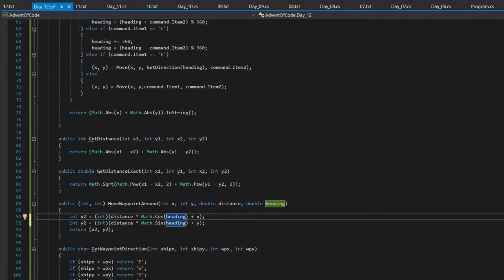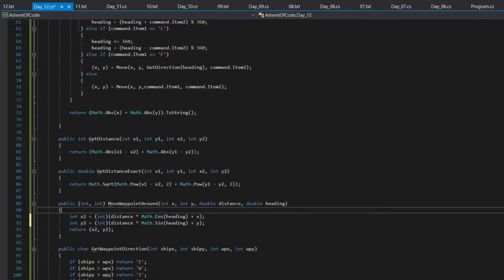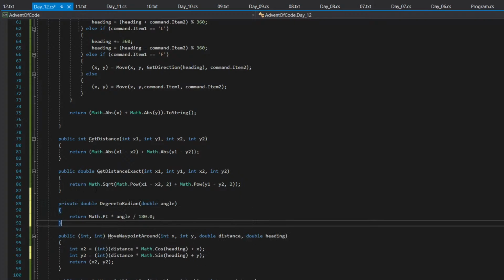Angle T in radians. How do I calculate get radians C#? Help me out, Google. What is this? You know what? Let's copy and paste from the internet. It's never let me down.